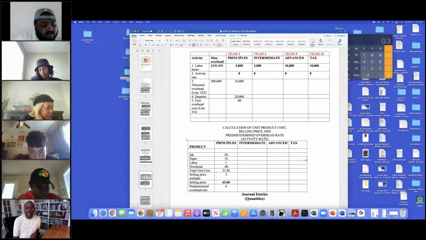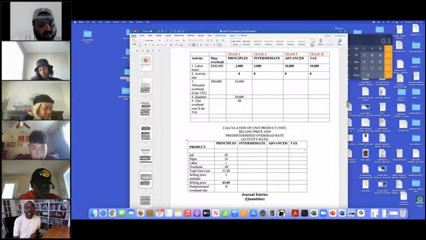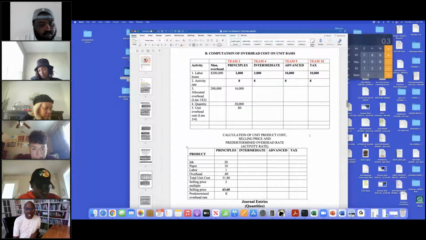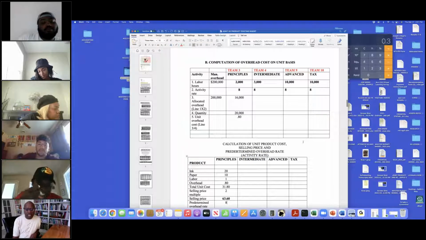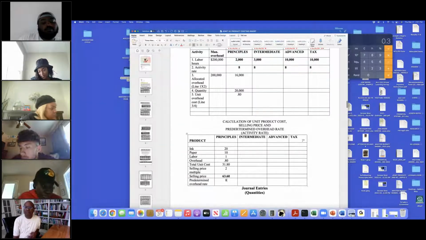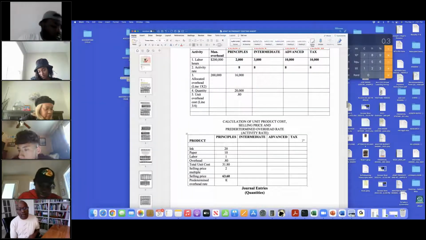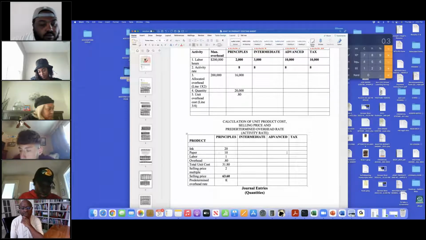So at this point, I want you to follow the same process. You've got an activity rate. You now have to do it for the intermediate, advanced, and tax books, and then complete this. Does everybody understand what they have to do? Are there any questions on any of these numbers for principles?